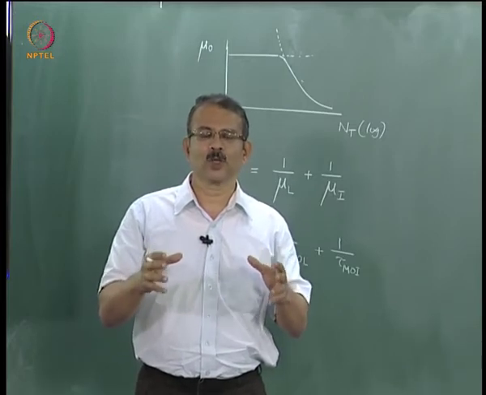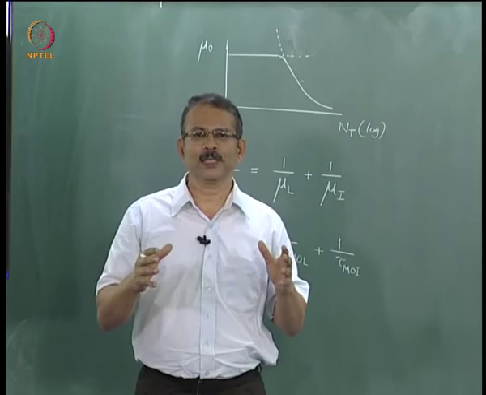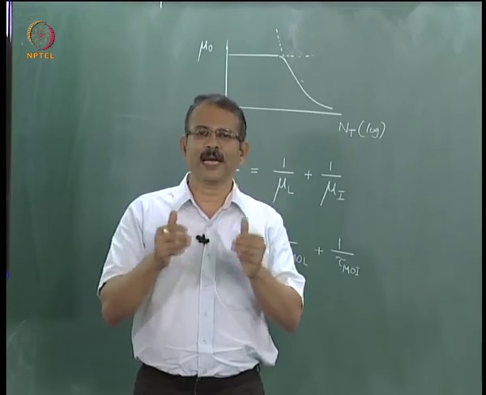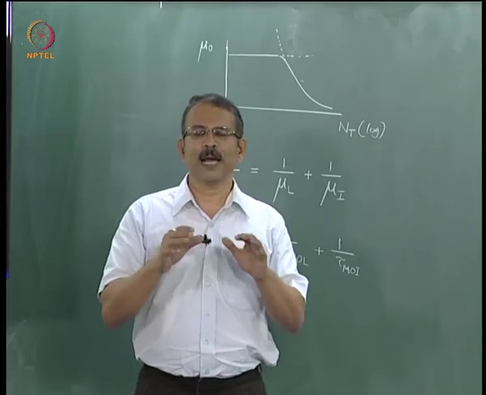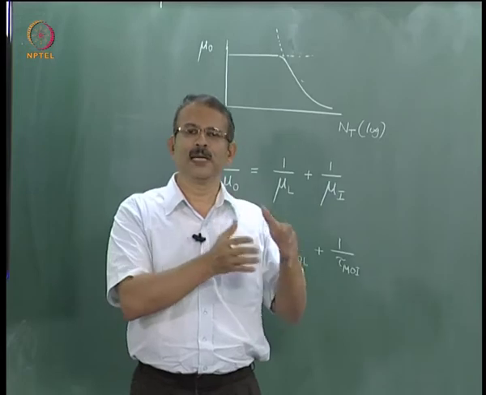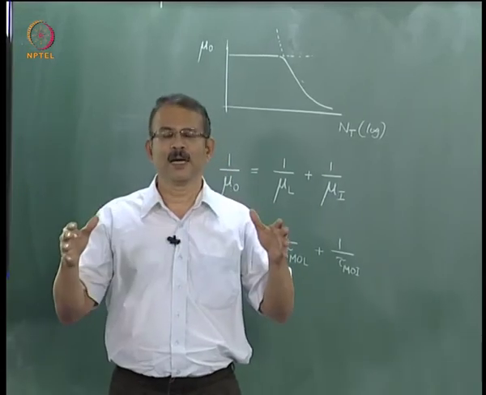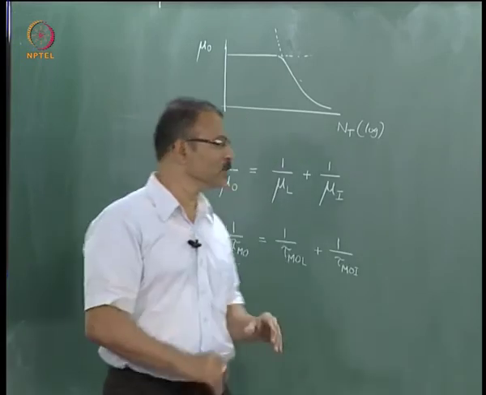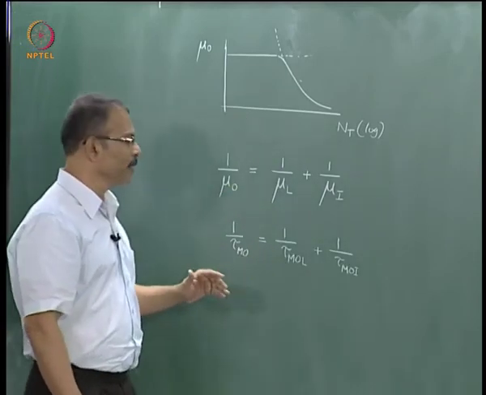Okay. So however, we make an approximation that the scattering rate of a number of scattering mechanisms is the same as the scattering rate of each mechanism considered individually, and then their rates are all summed up. Okay. So this is an approximation that we are doing. This is also referred to as Matthiessen's rule.